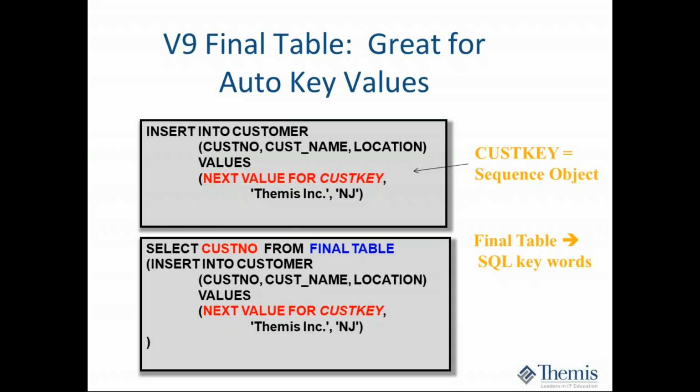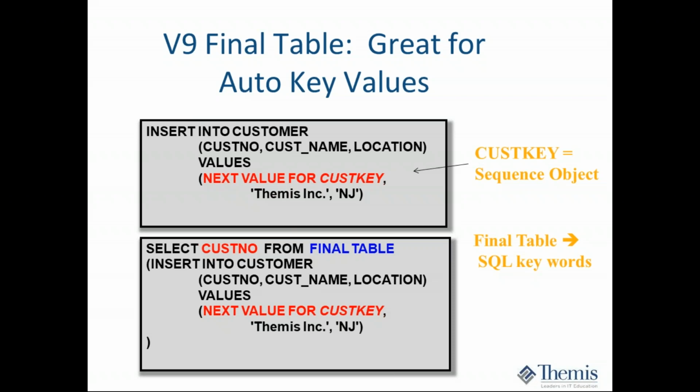Another couple along that same line is we can code up some queries with these keywords OLD TABLE and FINAL TABLE. Here's an example of using the keywords FINAL TABLE. Oftentimes this comes in real handy for tables designed where we as developers do not provide the primary key.